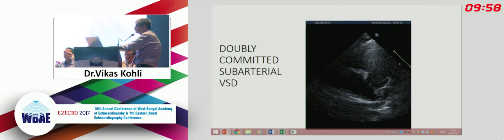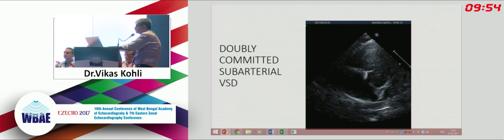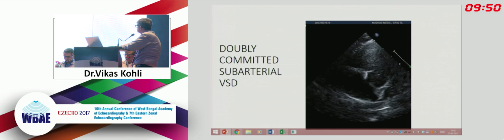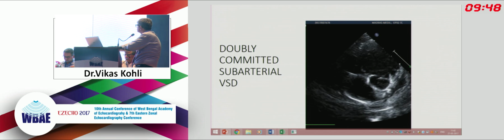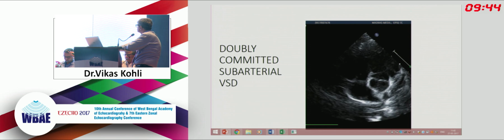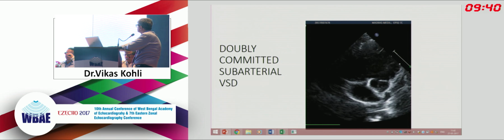And the third one, we were discussing this variety, the conal septum anterior deviation is the sine qua non. But this conal septum can be deficient, and we will get the turbulence happening bang on the annular region. So this is a little bit modified view.